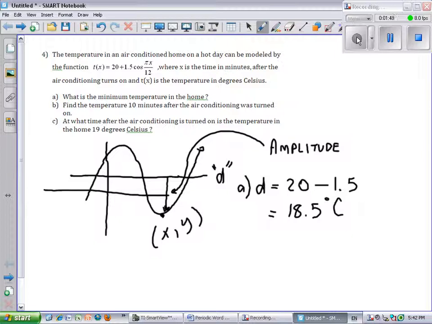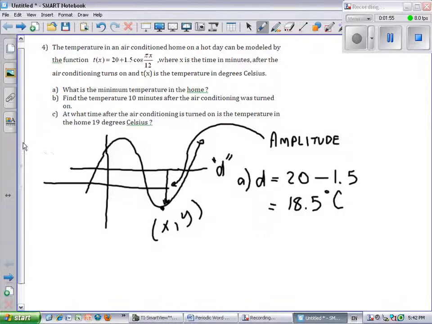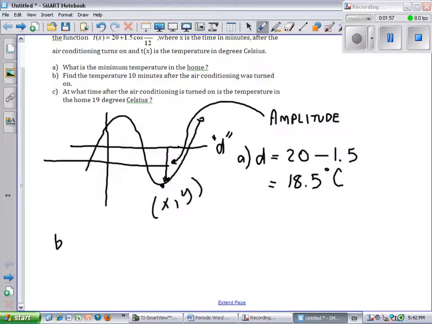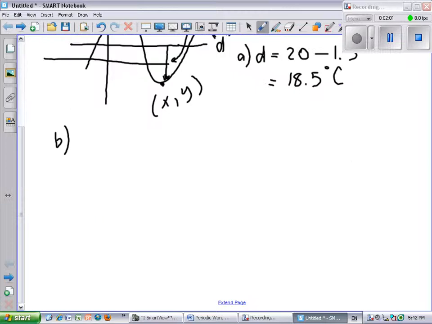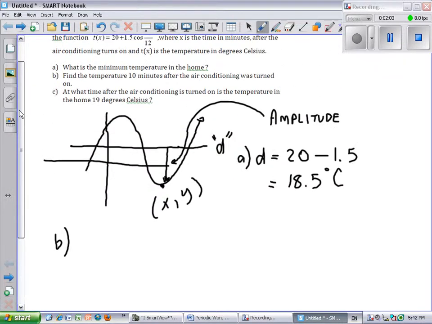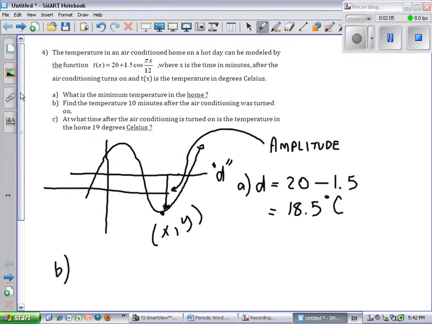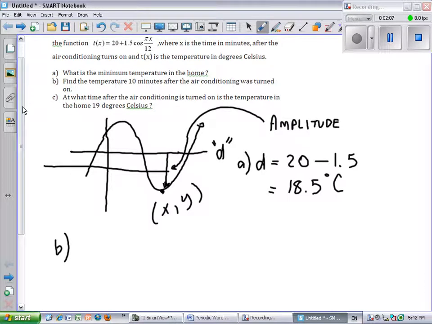Part B, find the temperature 10 minutes after the air conditioning was turned on. Part B. 10 minutes after the air conditioning was turned on means that I need to substitute 10 in for x, time. So we want to find t at 10.